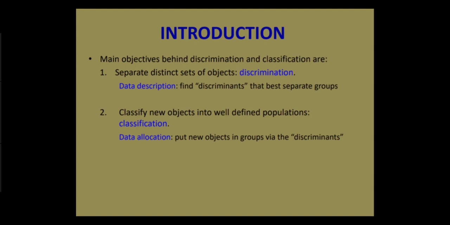We use the discriminators that we defined in the discrimination earlier to place the new object. If we have a new object or a new observation, we want to know which group or which population this new observation will go to. Okay, this is called classification, or data allocation.